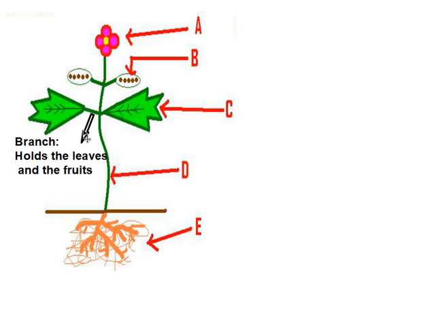The branch also holds the leaves and the fruit. Without the branches, the plant cannot have fruits and leaves. They are where we can see the leaves and the fruit. You can see this is the branch and the leaves are connected to the plant.